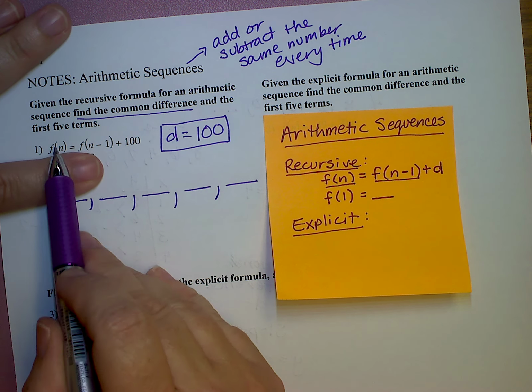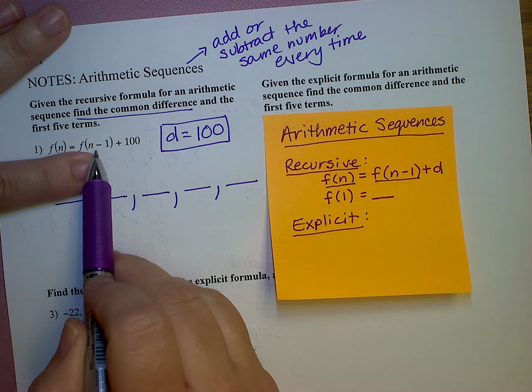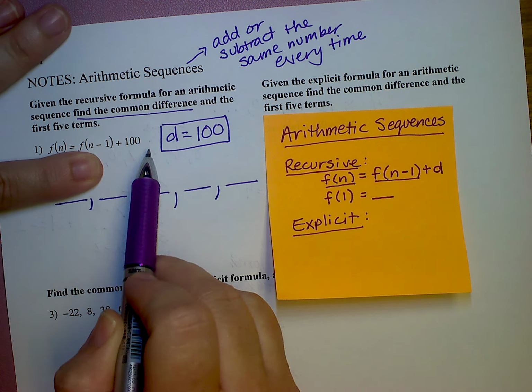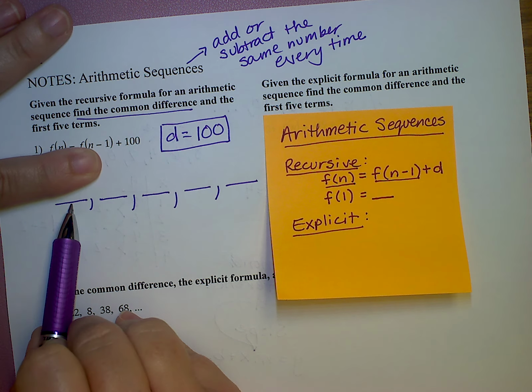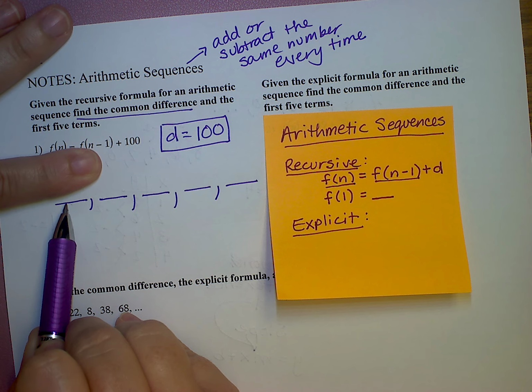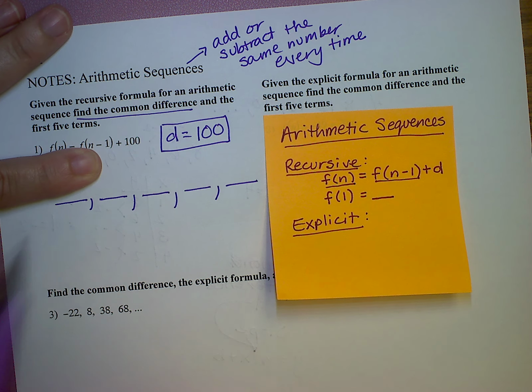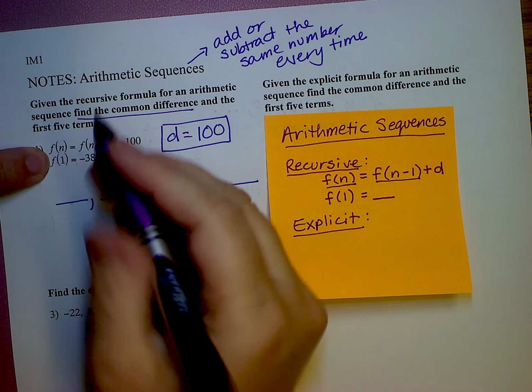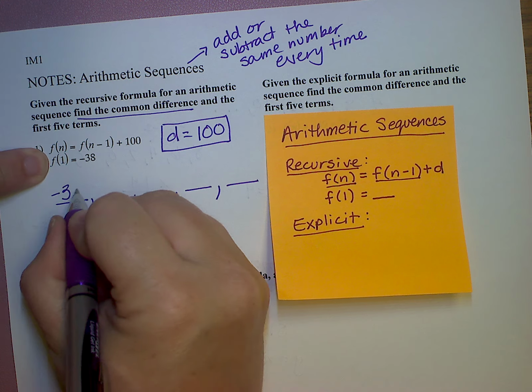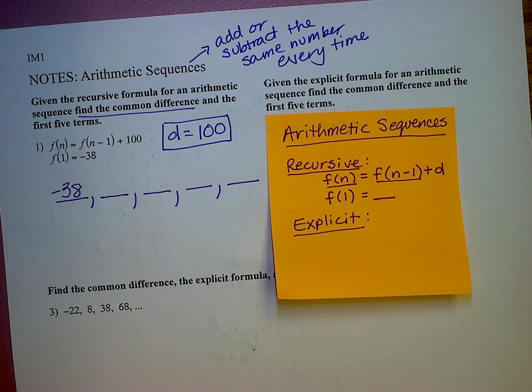If this is now equals previous plus 100, how am I supposed to find this if there is no previous? I can't, can I? That's why they have to give you a term to start off with. So I'm really only needing to figure out 4 terms because they're already giving me one. Now I have somewhere to start with.